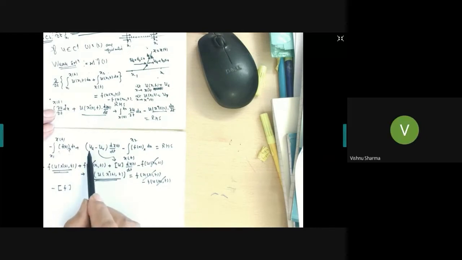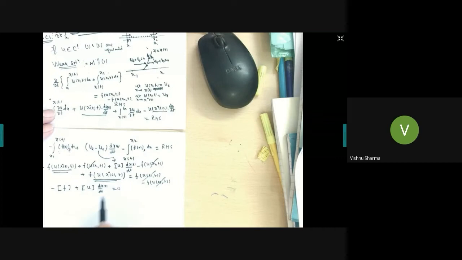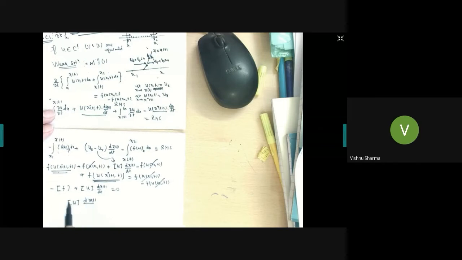The notation is u_l minus u_r. So f of l, it is on the left, minus f plus u dx/dt, this is equal to 0. Or we get this result, that the jump in u, right? What is this? This is nothing but the slope of the discontinuity, dx/dt.